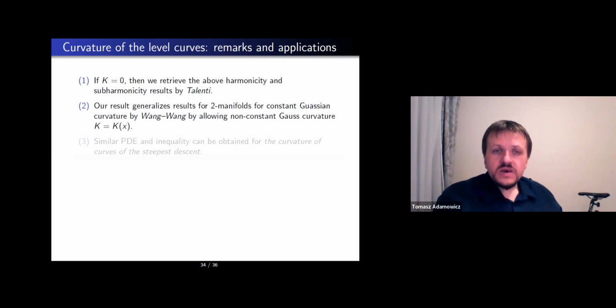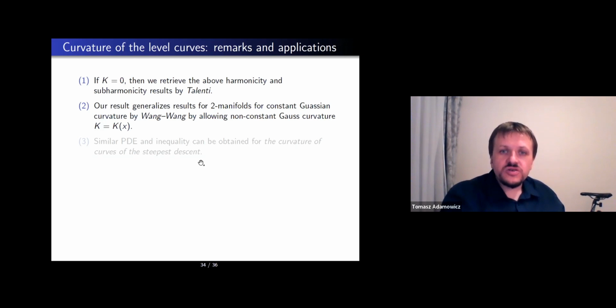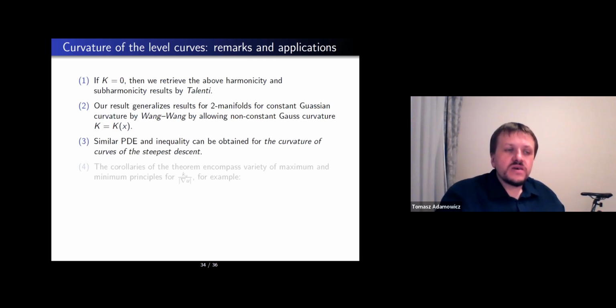A few comments about this theorem. This result generalizes an observation due to Wang and Wang for constant Gaussian curvature, but we allow the non-constant case. Also, in dimension 2, there is an associated, in a sense symmetric, notion of curvature, the so-called curvature of curves of the steepest descent.